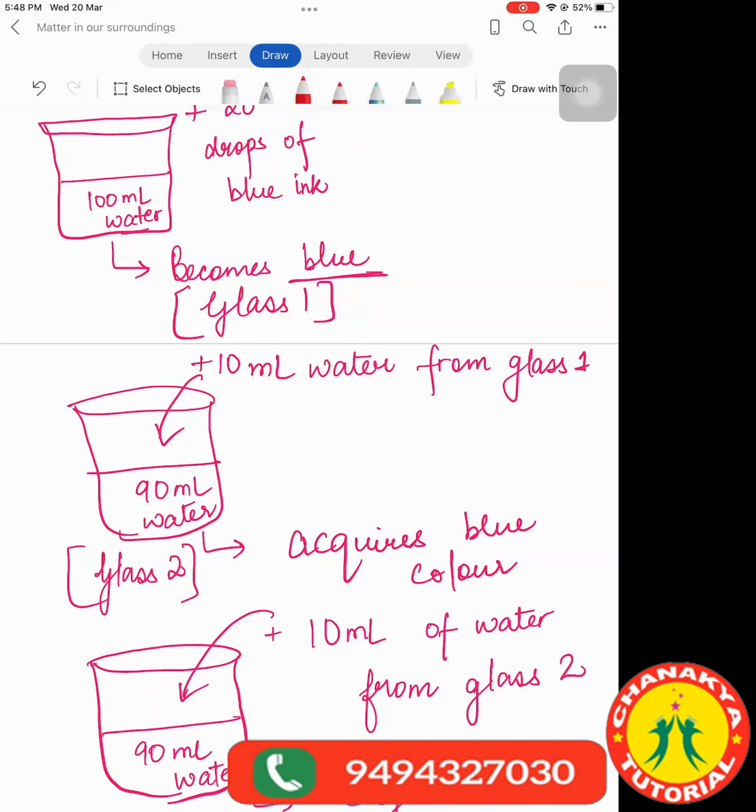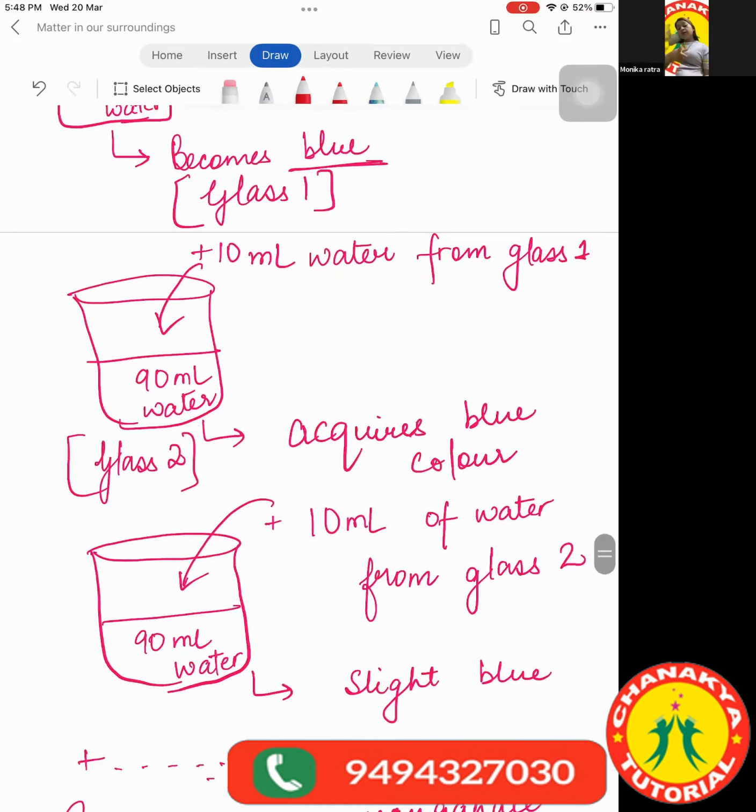And then if I repeat the same activity, I take another 90 ml of water, and now I put in the water from the second beaker, which was a little lighter in blue color as compared to the first one. Then I observed that the third beaker also acquired blue color, but it was lighter as compared to the first and the second one.